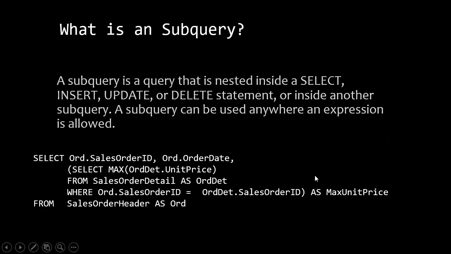However, if you look at this right here, here's a query that's actually stuck into a select statement. In this case, we have a query which is going to bring back the order ID and the order date from sales order. Internally, the inner query is also going to bring back a column called max unit price that is the max.